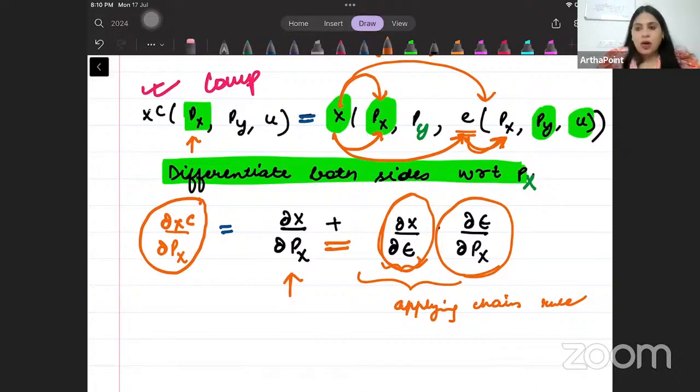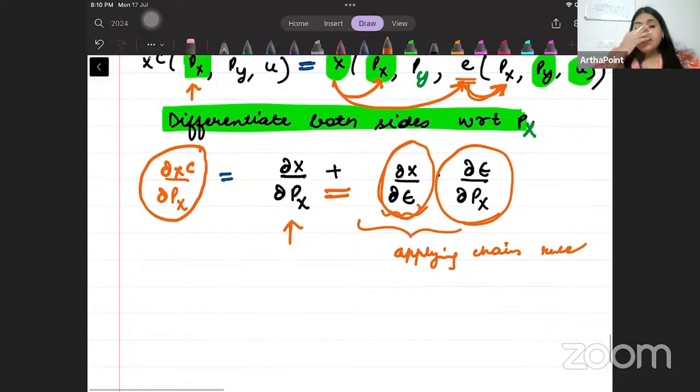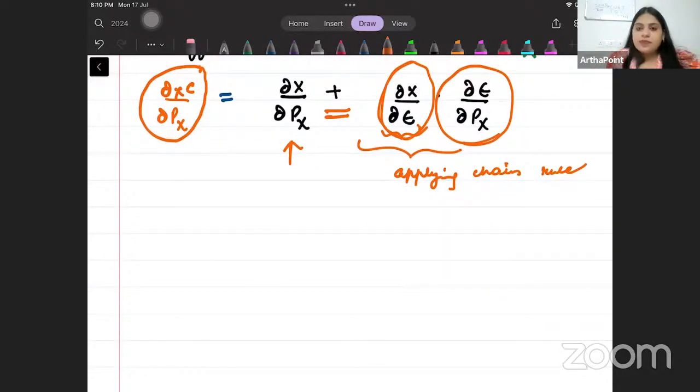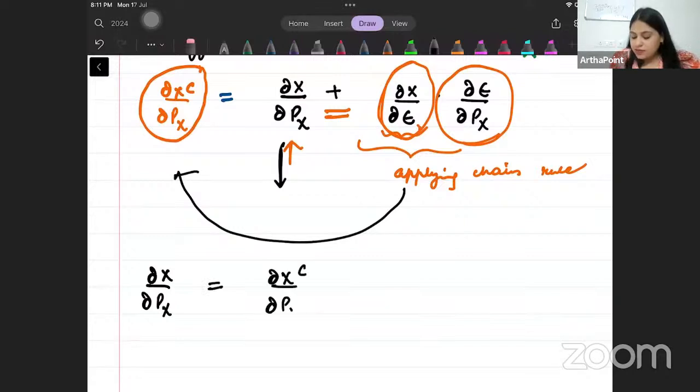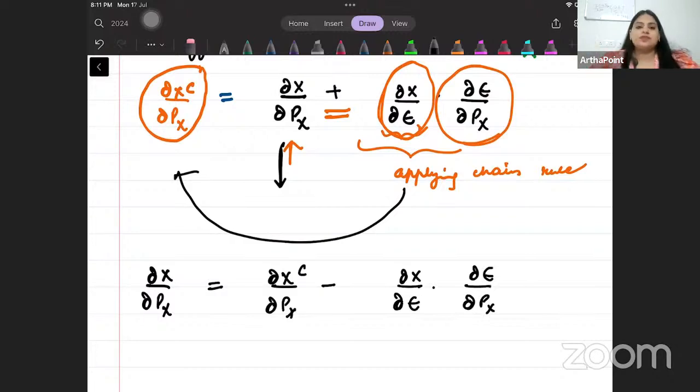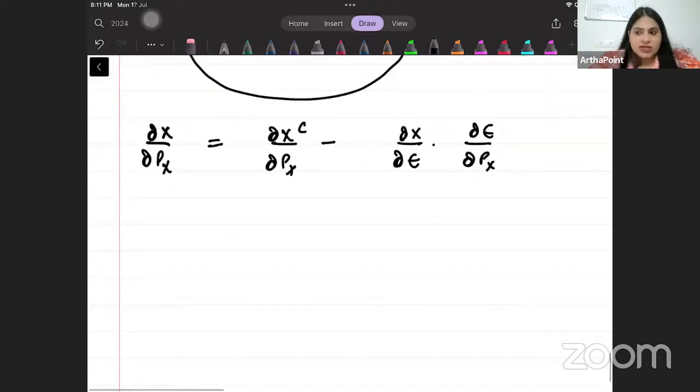Now, I will keep this side and take this here. So I will get del X by del PX is equal to del XC by del PX minus del X by del E into del E by del PX. Try to understand this.